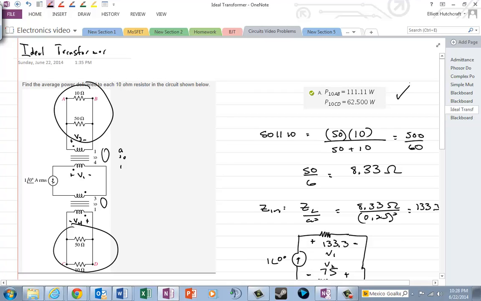Now, there was another problem in the next homework where it talked about doing the same setup, but rather than doing it this way, let's see if I can just copy it below.